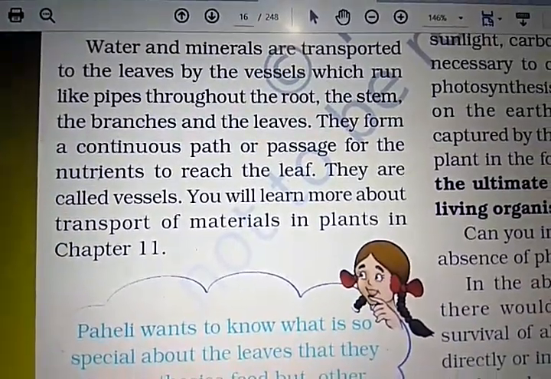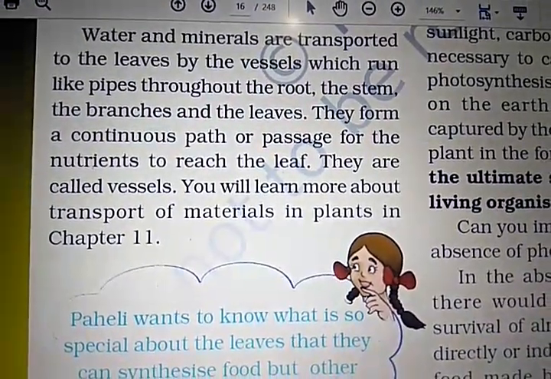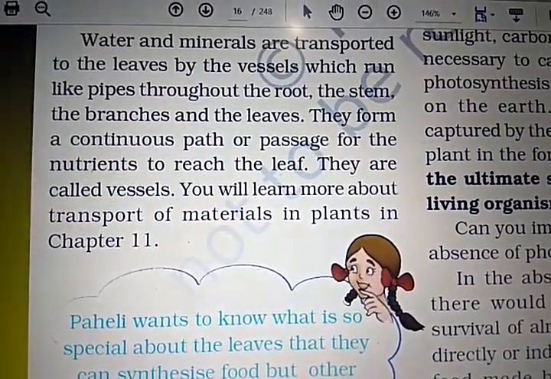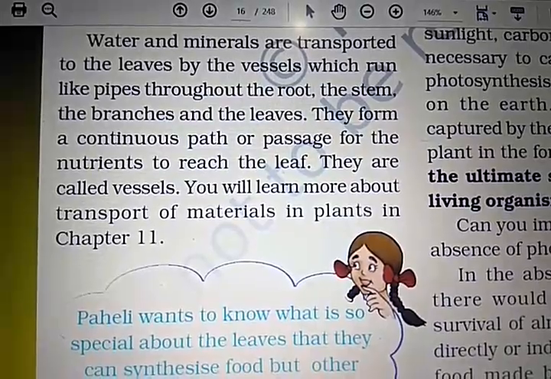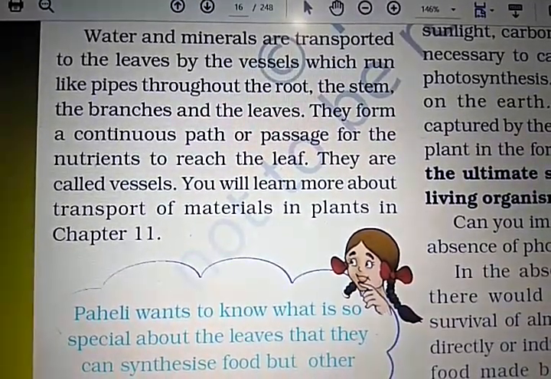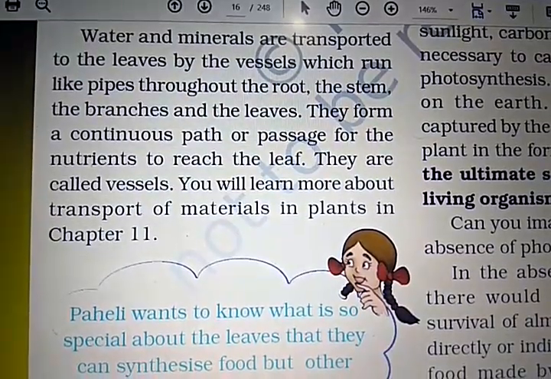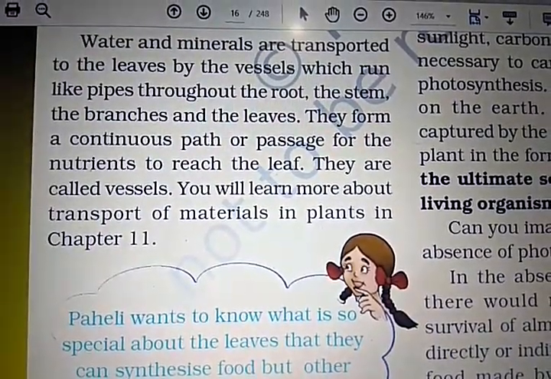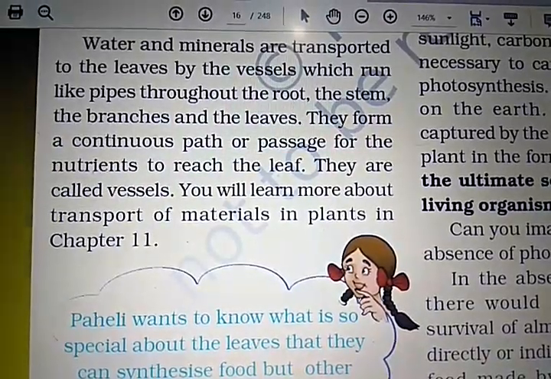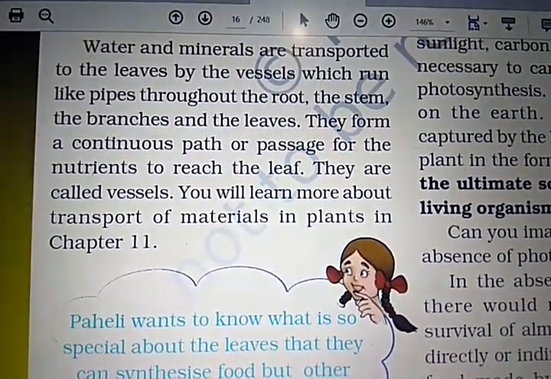So dear students, water and minerals are transported to the leaves by the vessels which run like pipes through the roots, the stem, the branches and the leaves. They form a continuous path or passage for the nutrients to reach the leaf. They are called vessels, right?